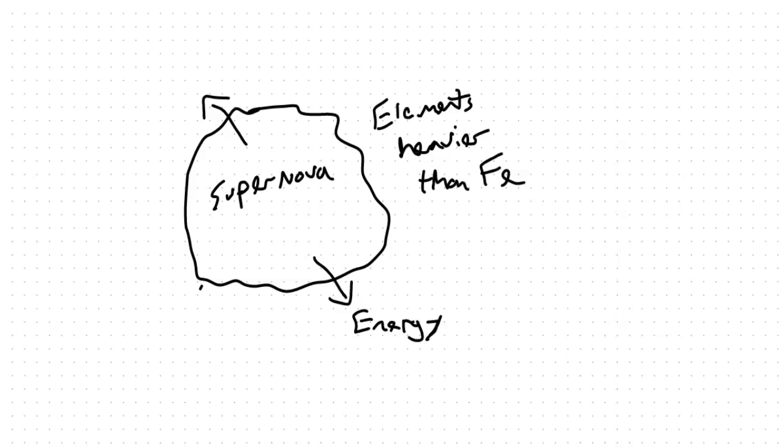So supernova occurs, the energy is released, but then so are these other elements. So if you think back to whenever the first time you've heard of it, I don't know curriculum-wise when you've heard of it, you have the Big Bang.